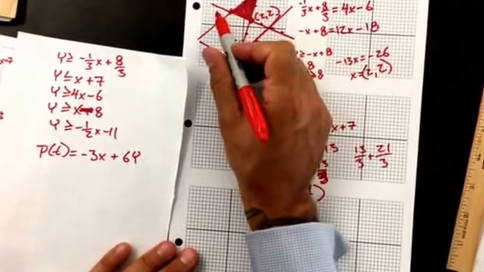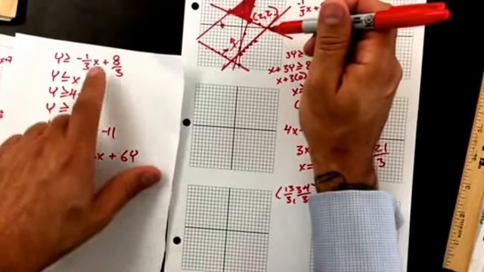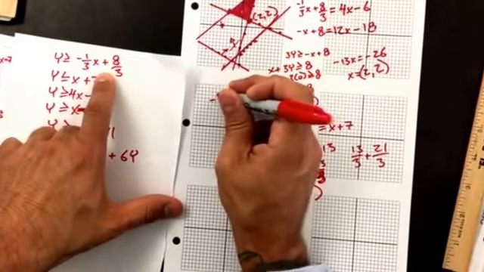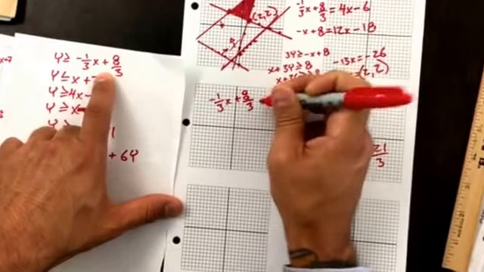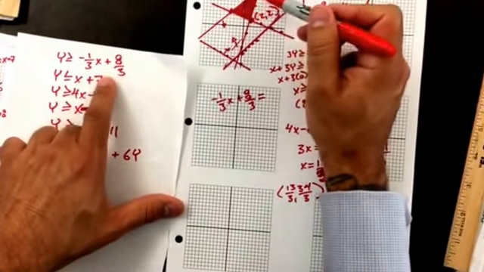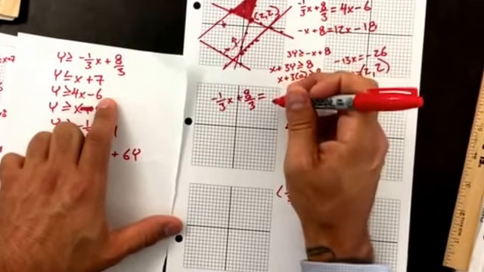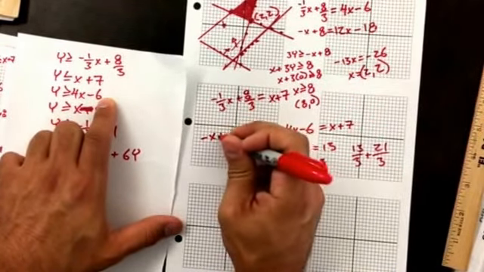The last point is met by the one that had an x-intercept of 8, which was the first one, and the one that had a y-intercept of 7, which is the second one. Multiply by 3.